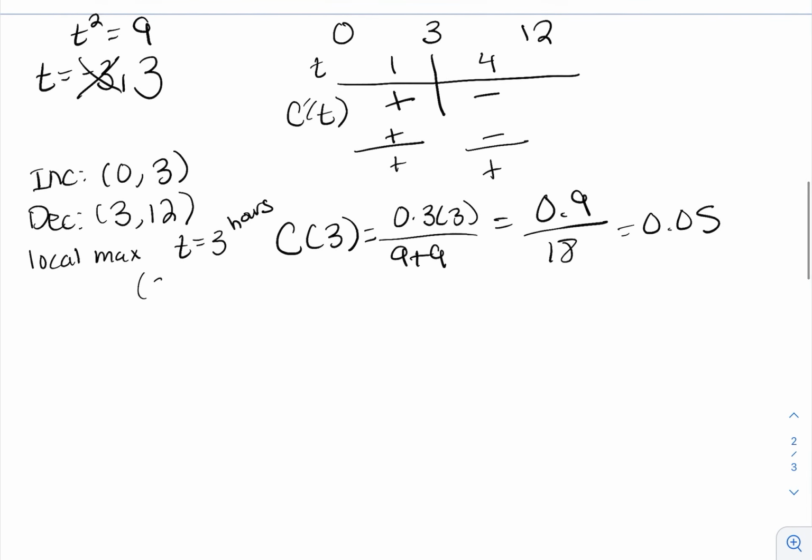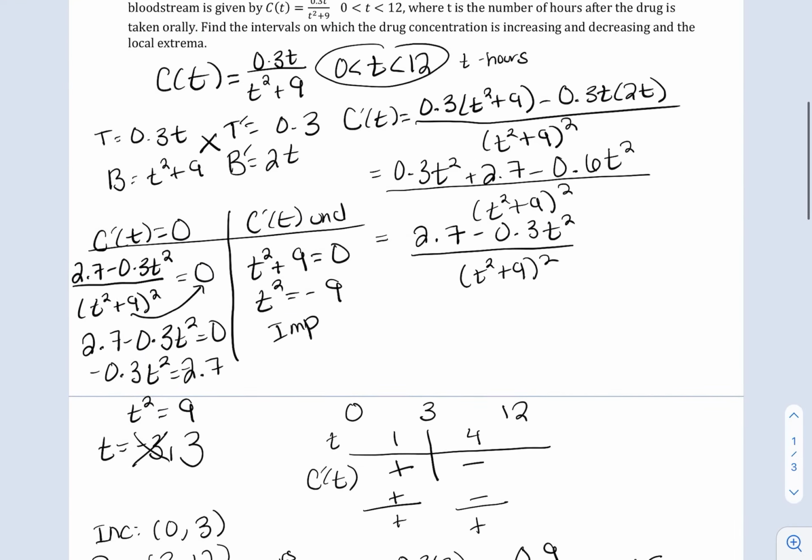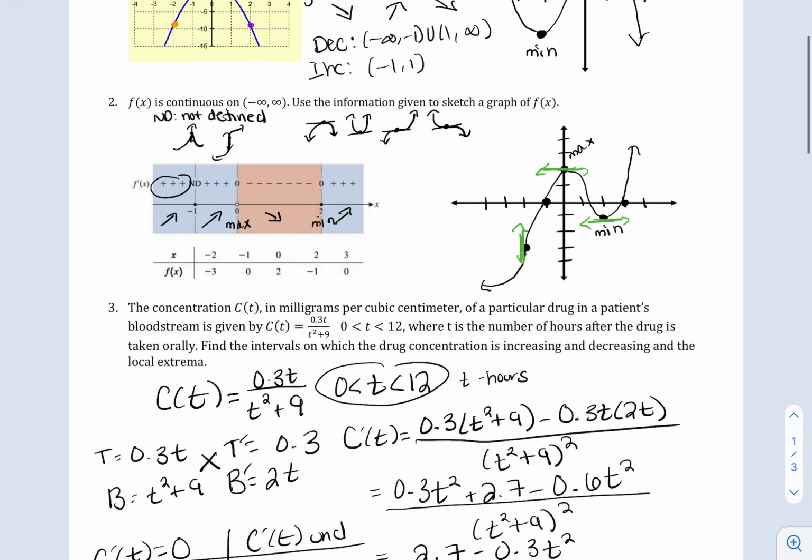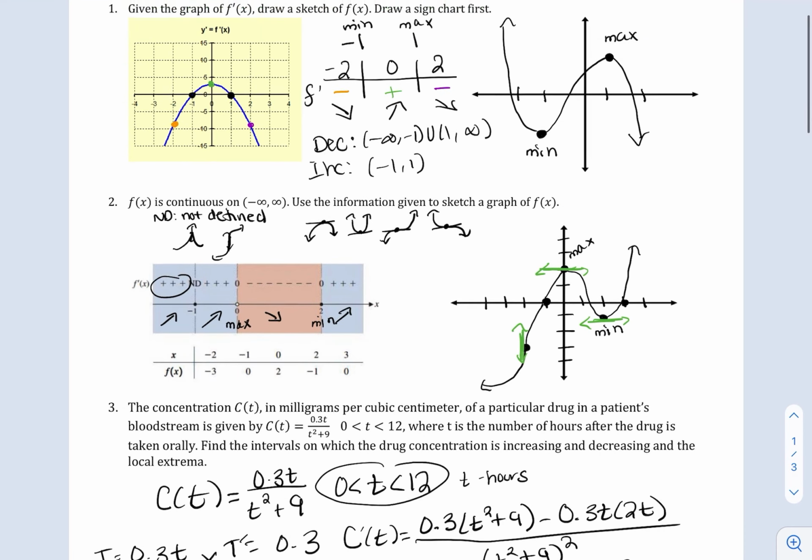So it's going to be 3 comma 0.05. So once they inject the drug into your bloodstream, it increases for 3 hours, hits its maximum, and then starts to leave your body. So this is an application problem of how to use the first derivative sign chart and the test for increase and decrease.